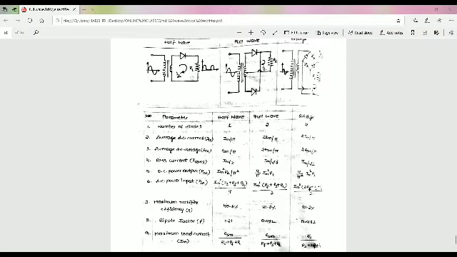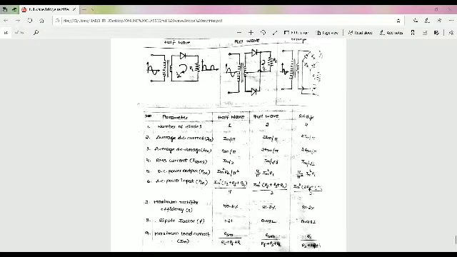In the half wave rectifier, I square M into RL plus RF plus RS by 4. In the full wave rectifier, I square M into RF plus RS plus RL by 2. In the bridge rectifier, I square M into 2RF plus RS plus RL by 2.